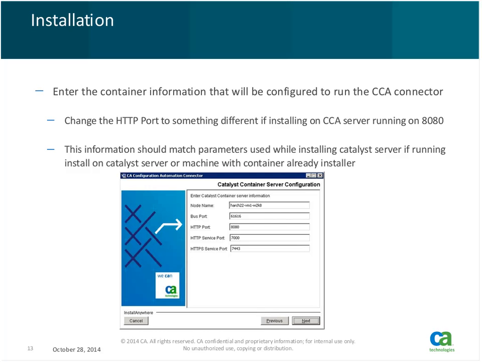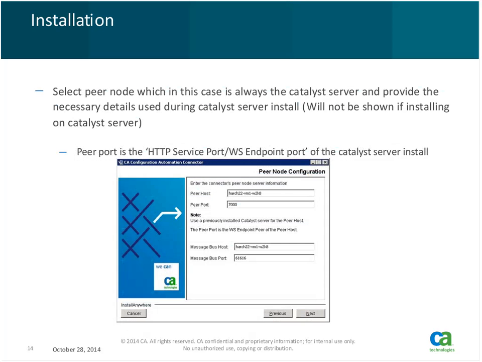Now we need to enter the Catalyst server container information. Then it will ask for the container information, and these two are the Catalyst server host names, the peer nodes we need to contact.